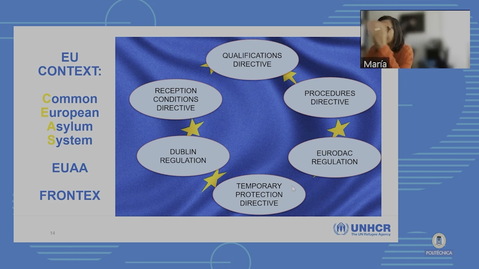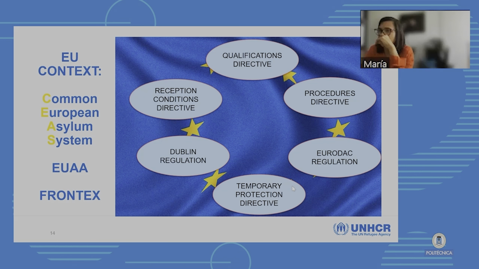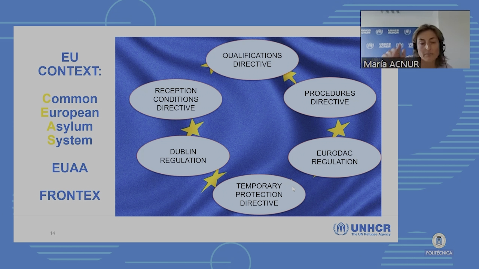First, we have some regulations and some directives, as you see them there. You know, directives are not directly binding in the European context. They have to be transposed to national legislation, whereas regulations are directly applicable at a national level. So a regulation is a stronger EU legal framework than a directive. The first generation of directives established minimum standards that the countries should have in place in an asylum system.